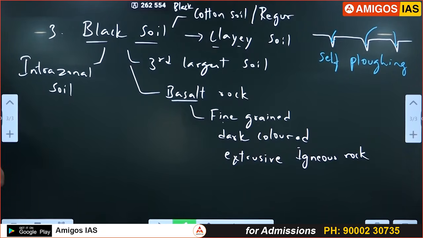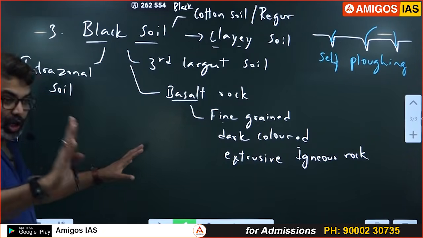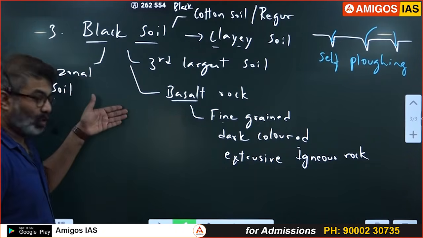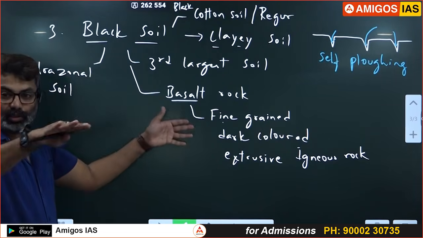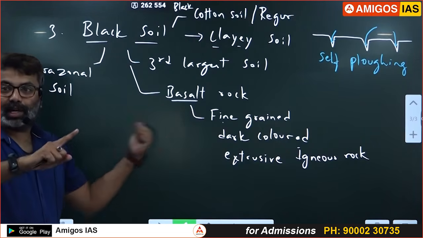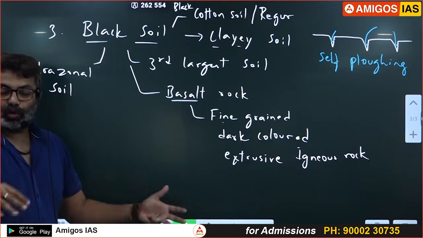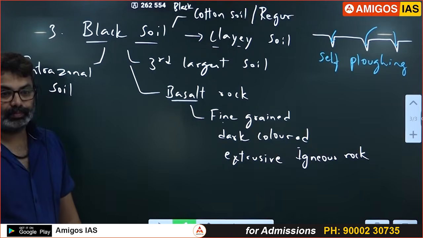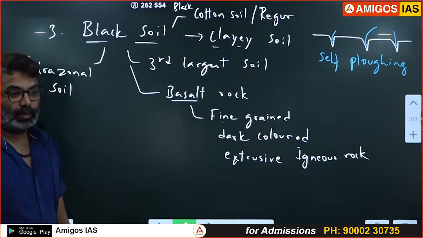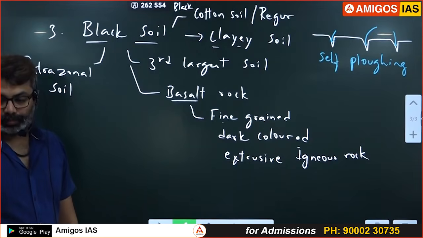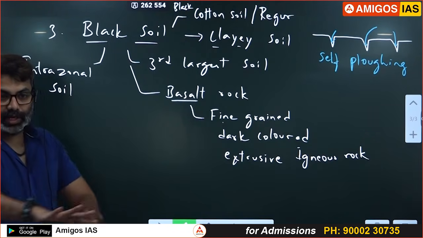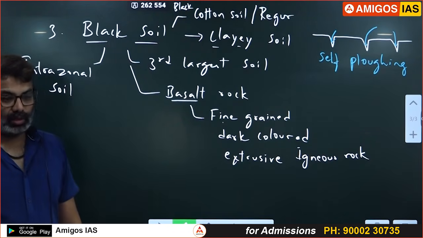Zonal, intrazonal, azonal, I'm telling you, it's a sure short question. One side they'll give four soils, the other side they'll ask intrazonal, zonal, azonal. Which of them are correctly matched? Two of them, three of them, four of them. I'm telling you it's going to come. Mark it as very, very important, this entire topic, zonal, intrazonal, azonal, and that map also.